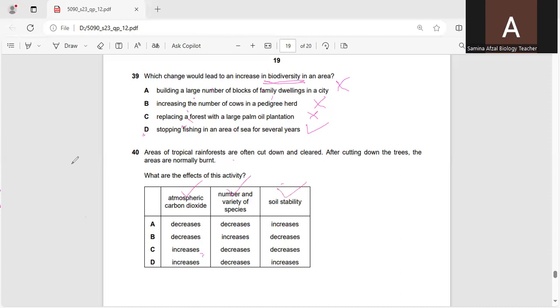The soil will not be stable over there and will flow down into the rivers and other water bodies. So in this way, carbon dioxide in the atmosphere will increase, the number and variety of species will decrease, and soil stability will also decrease. So the answer to question number 40 is C.